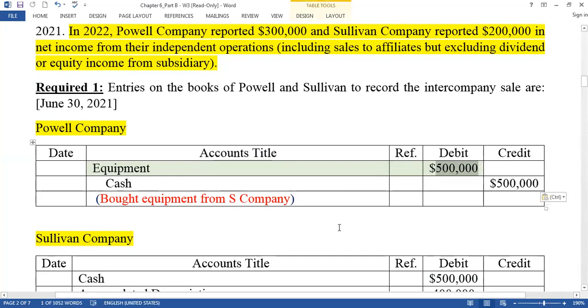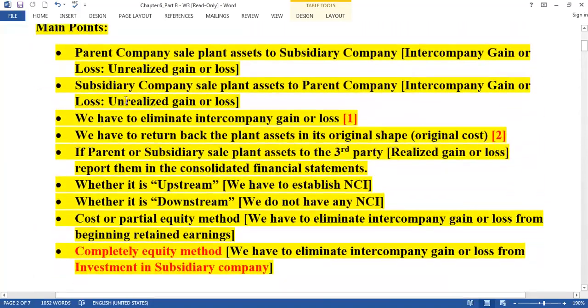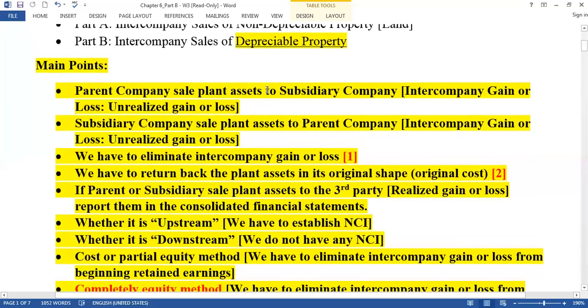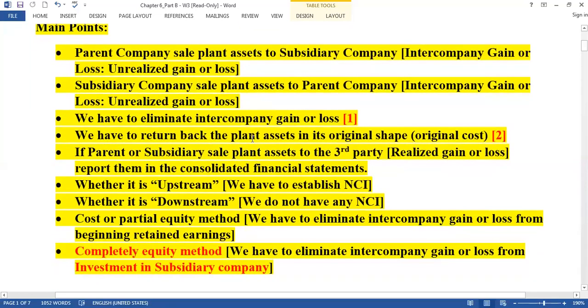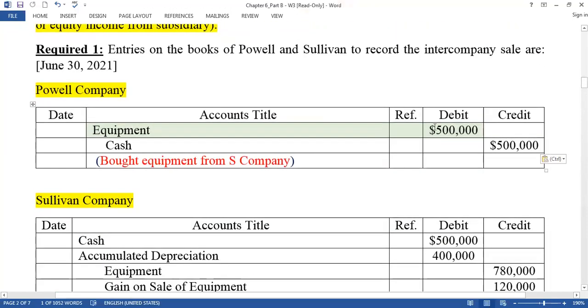I will show you later on, but this is for your information that today we record equipment $500,000, but the main point is that the rules of intercompany depreciable asset say that we have to return back the plant asset to its original shape. So original cost is 780. Today they record $500,000. Later on they have to add another $280,000. Anyway, this is the first journal. What happened June 30? Parent company bought the asset, they record asset debit, they paid cash credit.